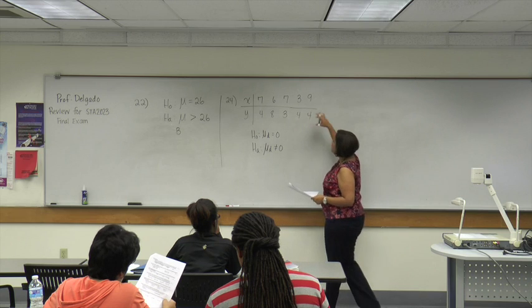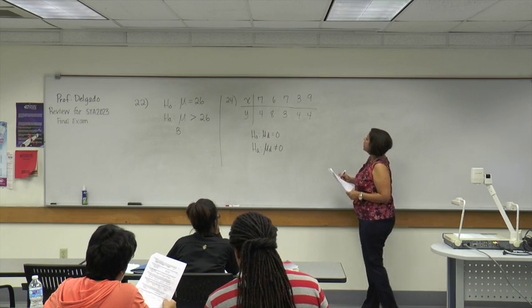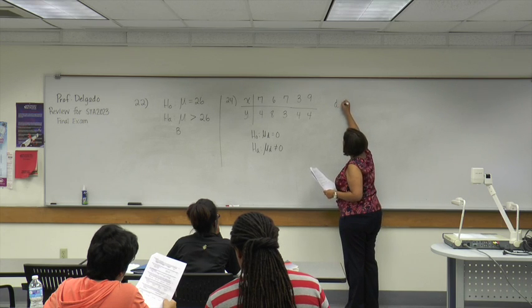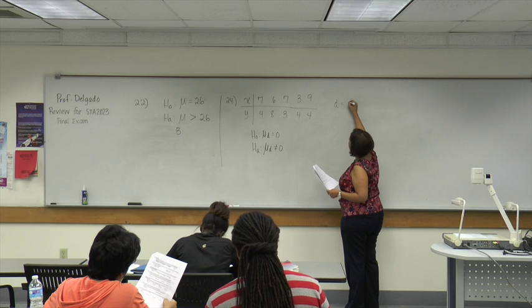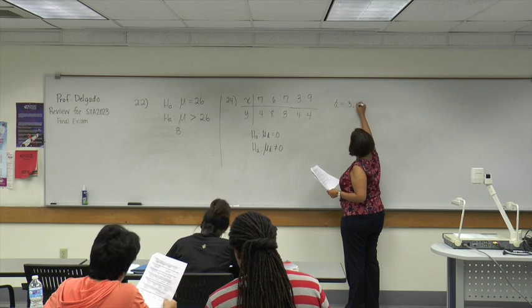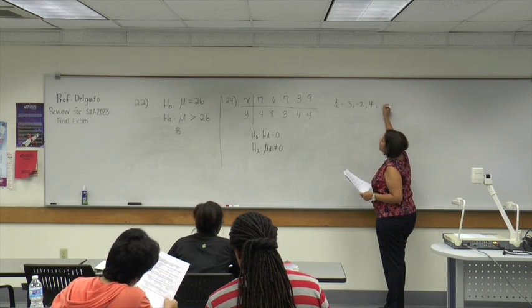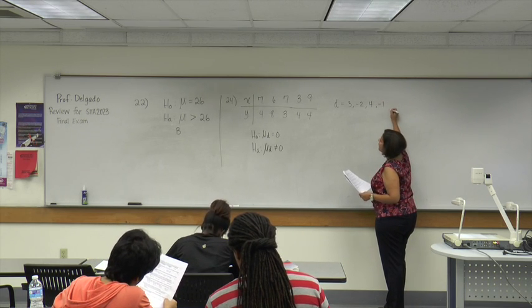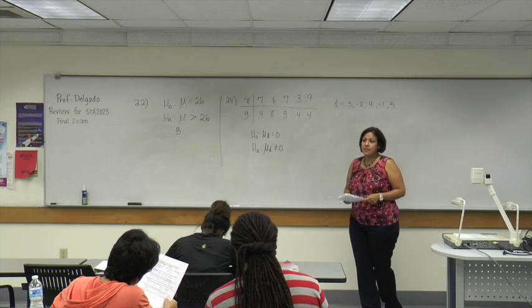This is pretty easy to do by hand. So our differences, our D's, are: 7 minus 4 is 3, 6 minus 8 is negative 2, 7 minus 3 is 4, 3 minus 4 is negative 1, and 9 minus 4 is 5. So those are our differences.